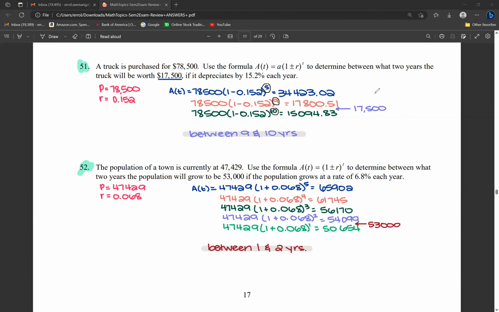All right, let's see here. Okay, so it's depreciating at 15.2% every year. You could start off by saying, what's A1?